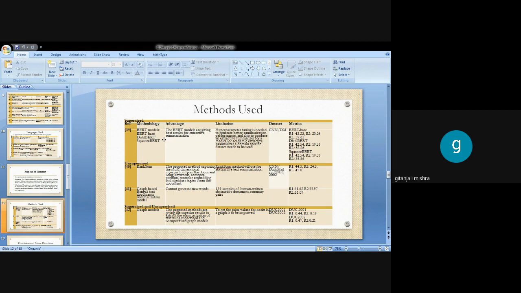By using BERT, we have seen that the BERT model gives the best result only for extractive summarization, not for abstractive summarization. The limitation is that when we are tuning or changing the hyperparameters for better summarization, the performance in the case of extractive summarization decreases.